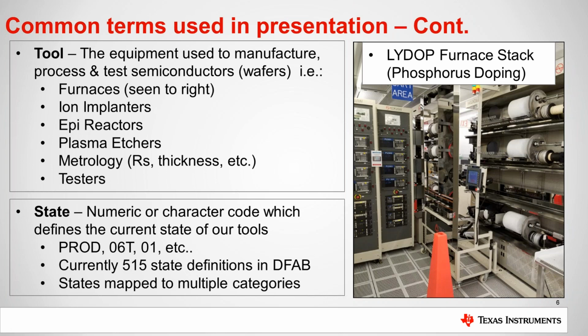I also use state, because we capture a lot of what's happening on the floor using states. When I say state, we're referring to whatever state the tool is currently in or was in the past. We use that oftentimes to say, hey, we're going to perform a PM, or preventative maintenance, on a tool.